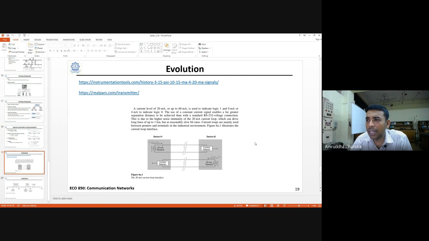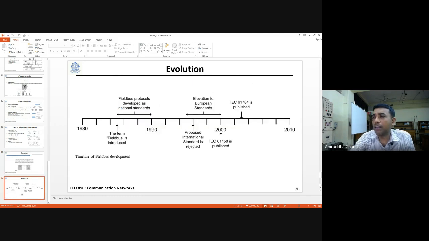This was the link from which we got the evolution. It also shows the use of this 4 to 20 milliampere current loop, which showed the logic of zeros and ones. So this is how this whole thing evolved, and it is still evolving.